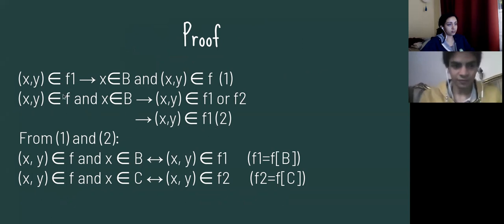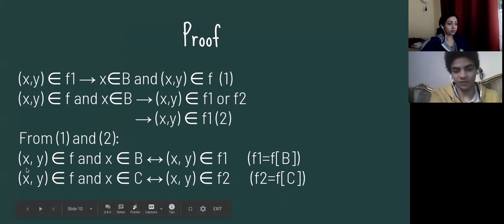So now I have, if xy belongs to f1, then it belongs to b, and xy belongs to f. Then x belongs to b, and xy belongs to f. And if the opposite is true, if xy belongs to f and x belongs to b, then xy belongs to f1. So this just implied this double implication that xy belongs to f and x belongs to b imply that xy belongs to f1, and the opposite is true.